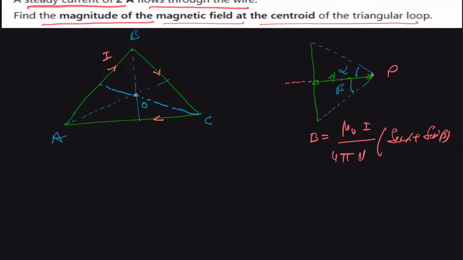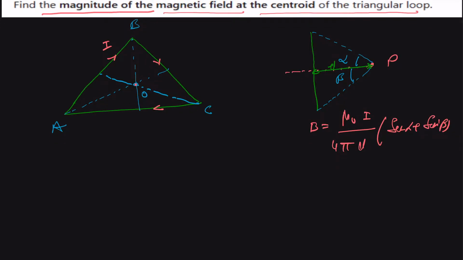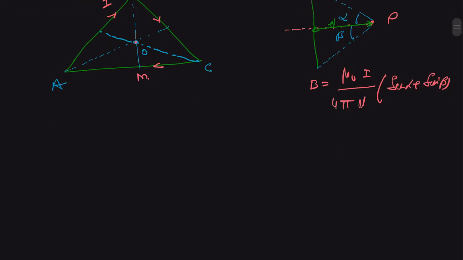And here we can also say, let us call this point M. So we are going to consider triangle ABM. This is A, B, and M. Equilateral triangle is there, so this will be 60 degrees.